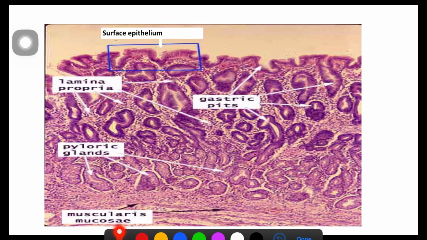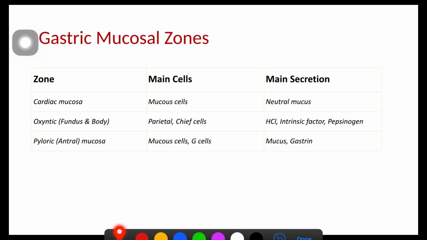So basically see here, this is the surface epithelium, this is the gastric fovea, right? So it is the gastric pit, lamina propria in between the glands, these are pyloric glands, and this is muscularis mucosae. Three zones. In cardiac mucosa, the main cells are mucus cells and the secretion is neutral mucus.